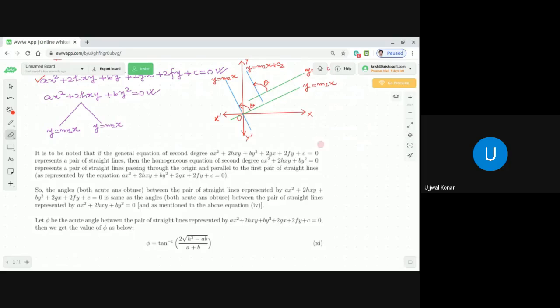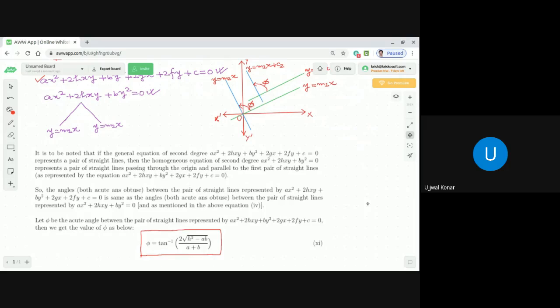Now, dear students, just to keep it consistent, let me not consider theta; let me consider phi. So if this angle is phi, this angle is also phi. The relationship that we got from the homogeneous equation is going to be valid here as well.